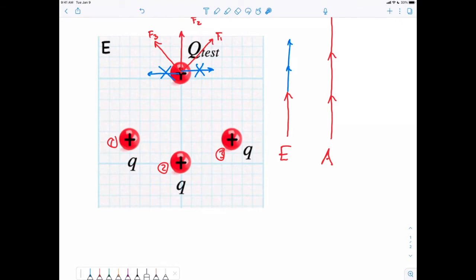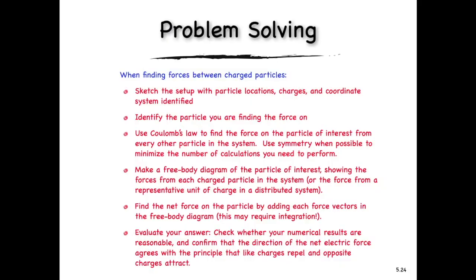And if we can do that, that can simplify the math, because we can not bother to calculate forces in a given direction. And you can make a free body diagram where you draw the force vector from each charged particle on your test object, and that lets you add up those force vectors to find some net force.